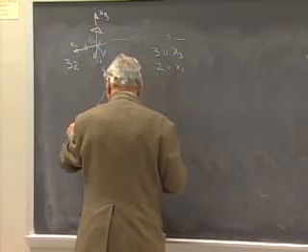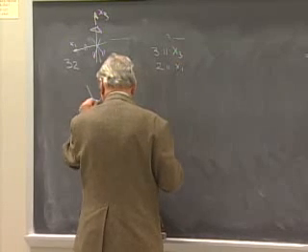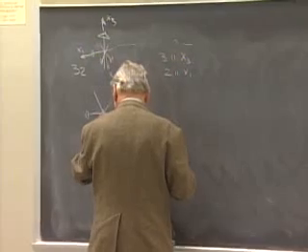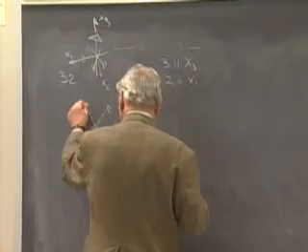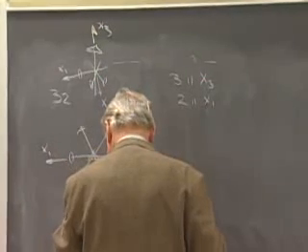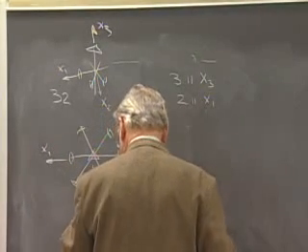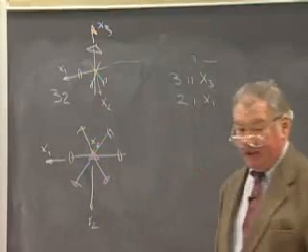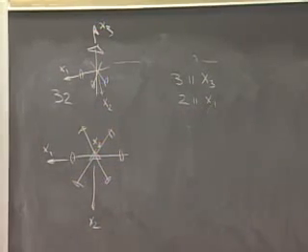So let me draw this looking down along the 3-fold axis. These are all 2-fold axes. And we'll take x1 in this direction. x2 pokes out in between two 2-fold axes, and x3 comes straight up along the 3-fold axis.